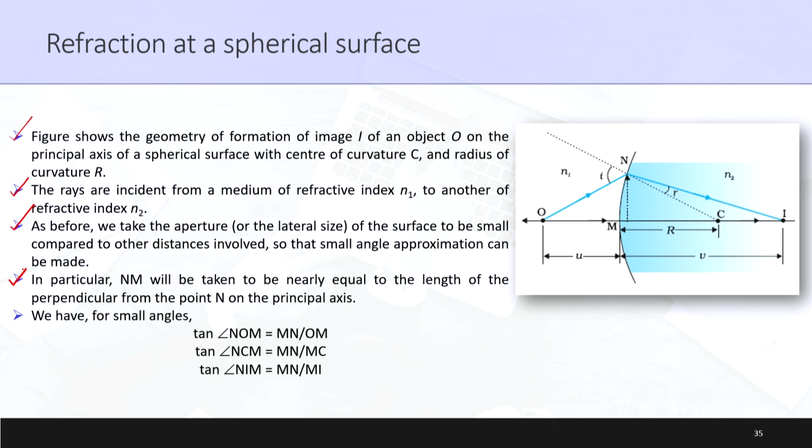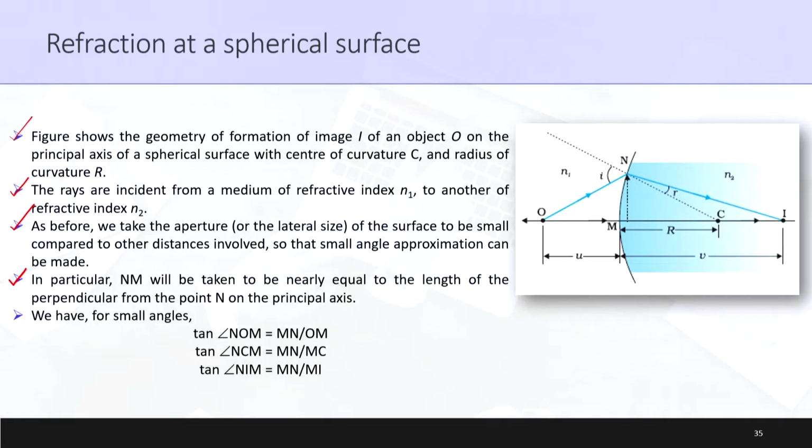As we derived it for reflection with the assumption that all rays are paraxial, similarly we are here deriving the same thing, that the angle is approximated and is very small. Next concept now. For small angles, angle NOM is this.